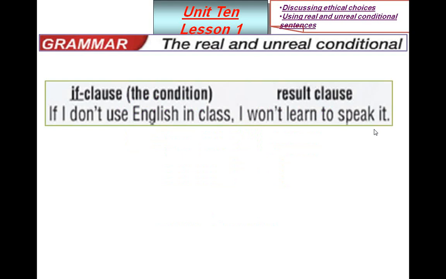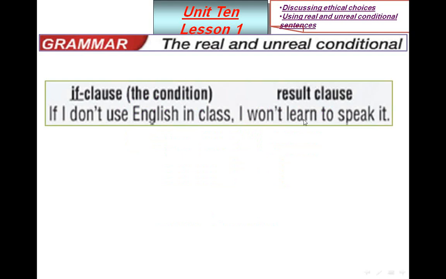Have a look at this example. If I don't use English in a class, I won't learn to speak it. How many parts of the sentence do we have? Actually, we have two. If I don't use English in a class, we call it the if clause, and that's the condition.